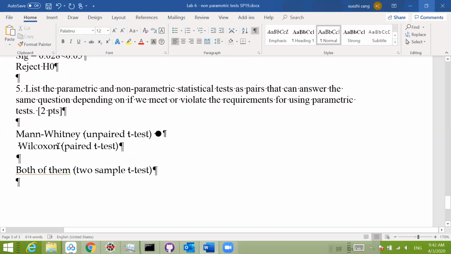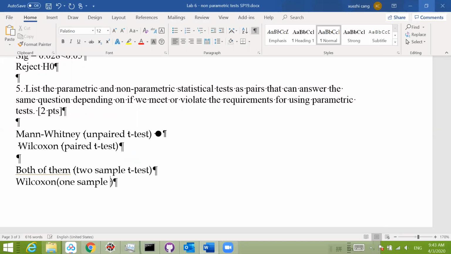Also, the Wilcoxon method can correspond to the one sample t-test. So that is one short summarization for the test methods we learned in this week and the last week.